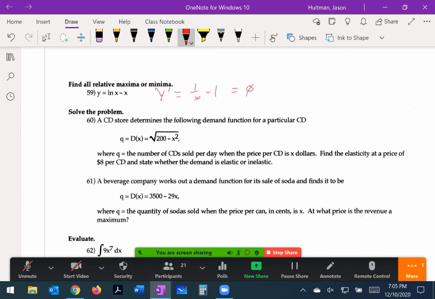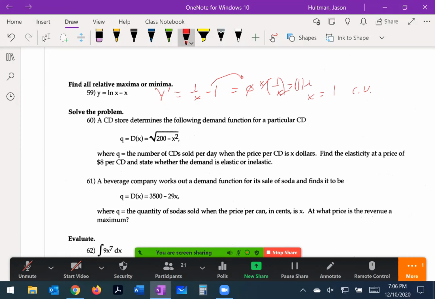Set that equal to 0. Toss the 1 to the other side, that means that 1 over x is equal to 1. I can multiply both sides by x and I would get x equal to 1. So that's my critical value.